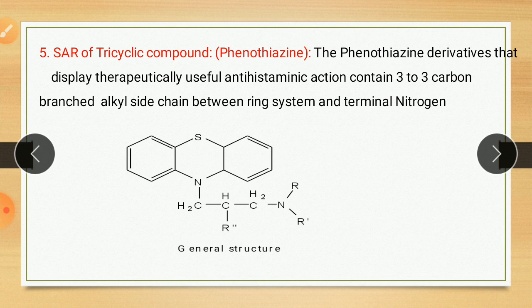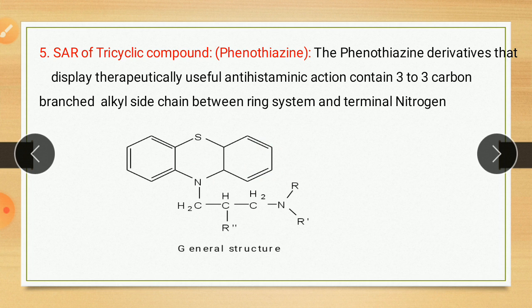The structural difference between the drugs used as antipsychotics and antihistamines is that generally the drugs with antihistaminic activity have a branched alkyl side chain, while the drugs with antipsychotic activity do not have branching on the propyl side chain.